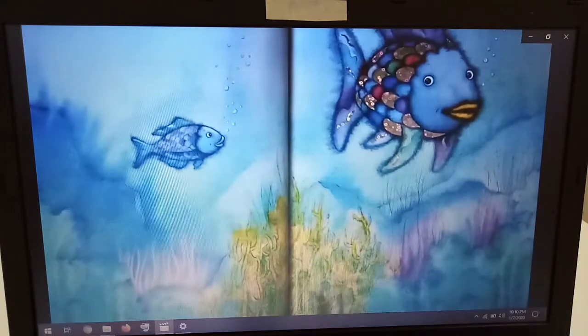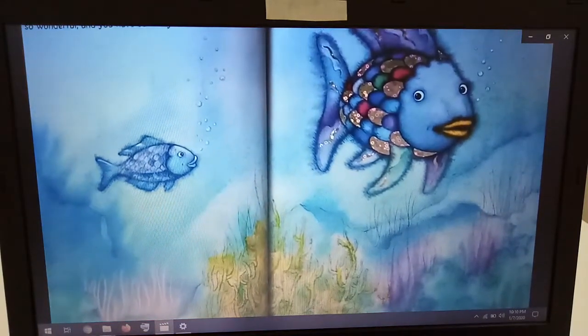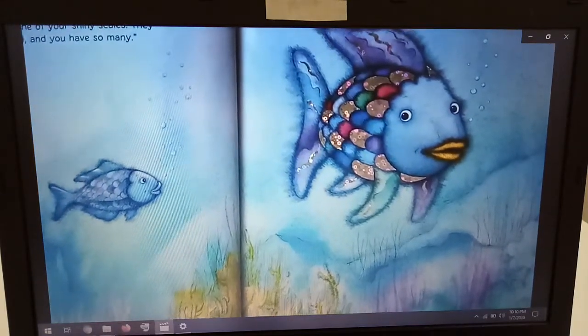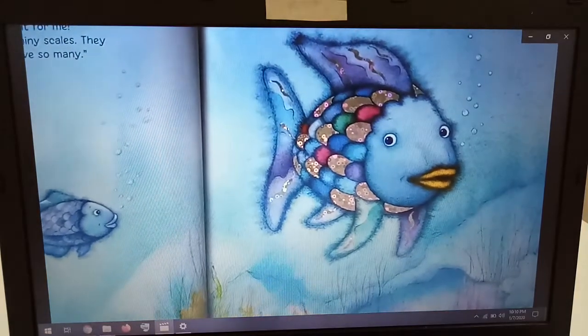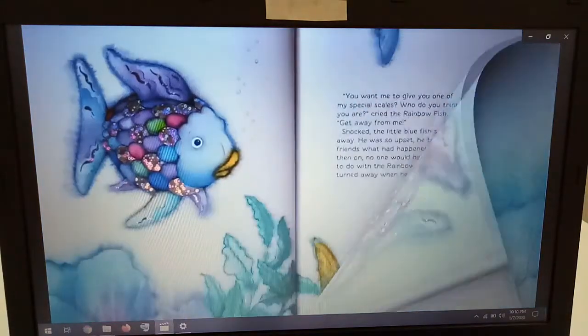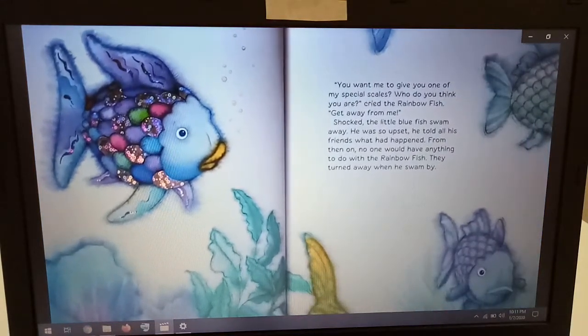One day, a little blue fish followed after him. "Rainbow Fish," he called, "wait for me. Please give me one of your shiny scales. They are so wonderful, and you have so many." "You want me to give you one of my special scales?